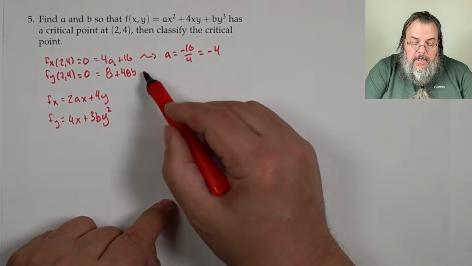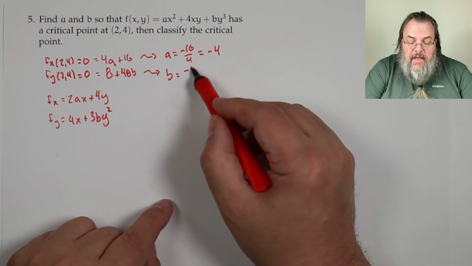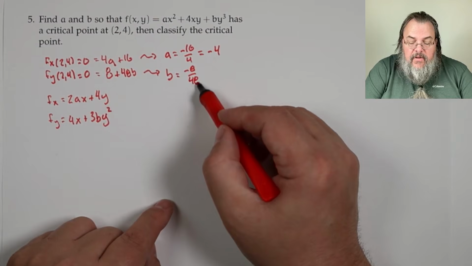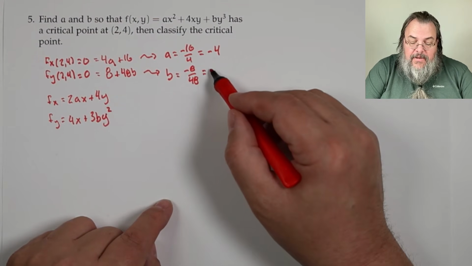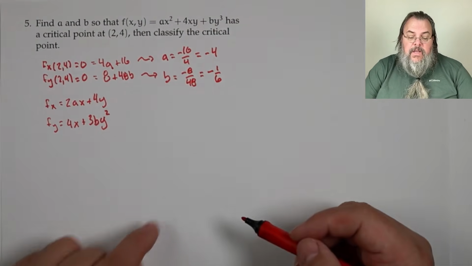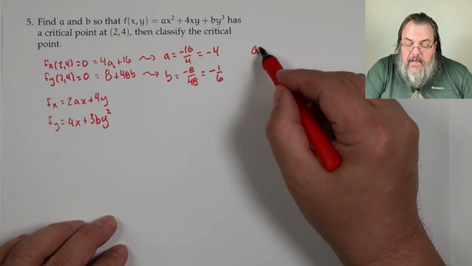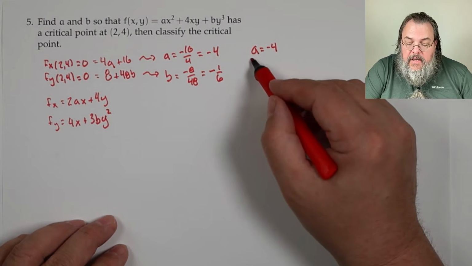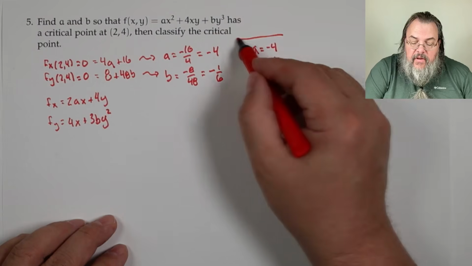And then on the other hand, b would be a negative 8 over 48. Well, 8 does go into 48, so that leaves us with a minus 1 over 6. So our answer for part of this is a equals negative 4 and b equals negative 1 over 6.